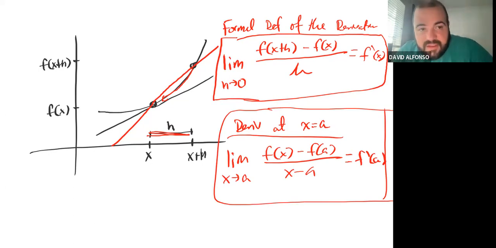Now, just to say this, and we saw this a little earlier, now that you know L'Hopital's rule, technically you could use L'Hopital's rule if you really want to solve these limits. But if you understand that these formulas represent the derivative, you don't have to do L'Hopital's rule. You can just use basic derivative rules. So you don't actually have to solve the limit.